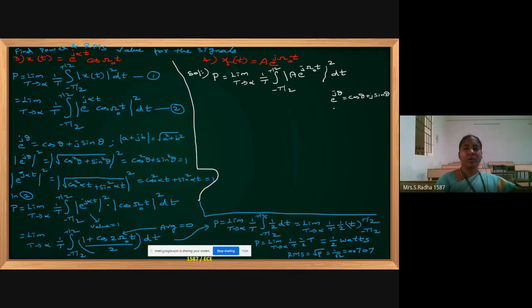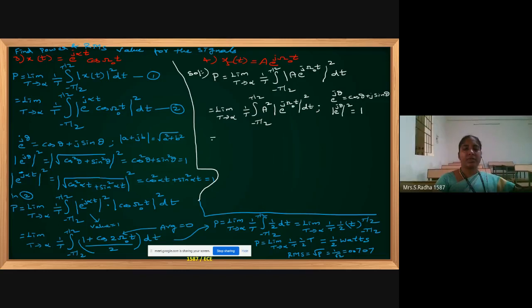When you take the modulus, it will be the square root of cos square theta plus sin square theta. When you square, the value will become 1. Here I have limit t tends to infinity, 1 by T integration from minus T by 2 to plus T by 2, A square constant. The other term I have is e power j omega naught t modulus squared. That value is 1.